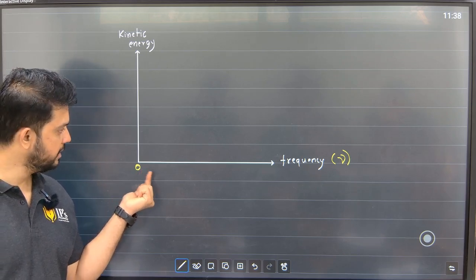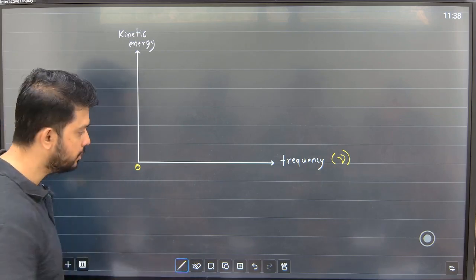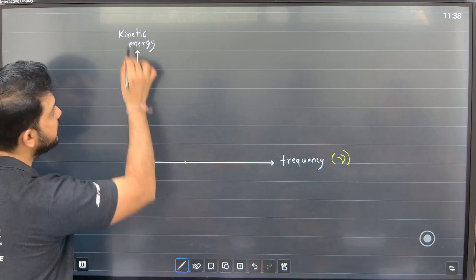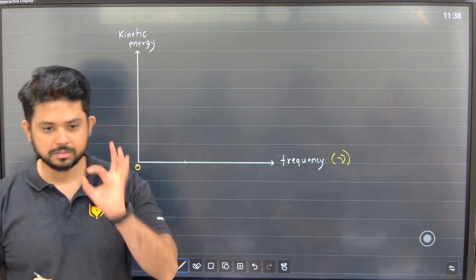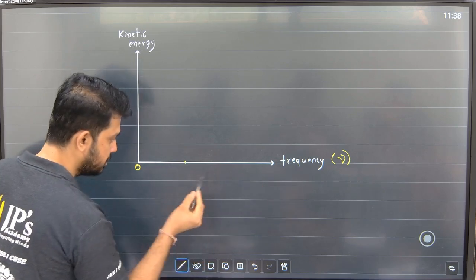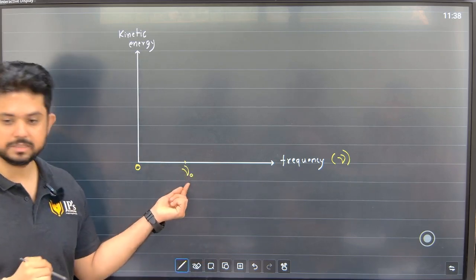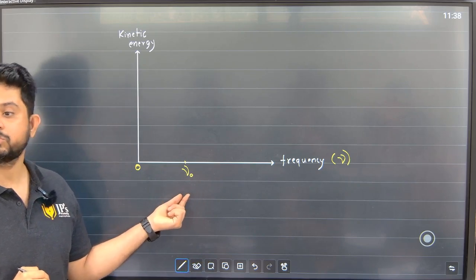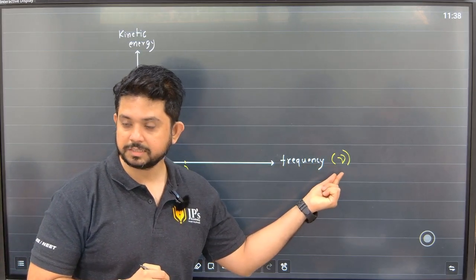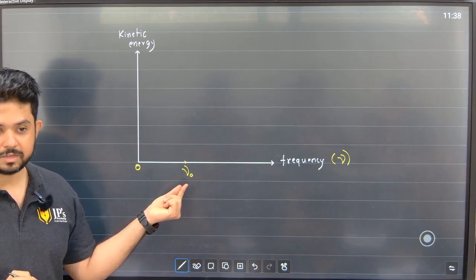Then I keep on increasing the frequency. It was observed that till a particular point, the kinetic energy was 0. Why? Because the frequency had not reached the threshold frequency. So till the frequency becomes equal to it, will electrons come out of the metal surface?